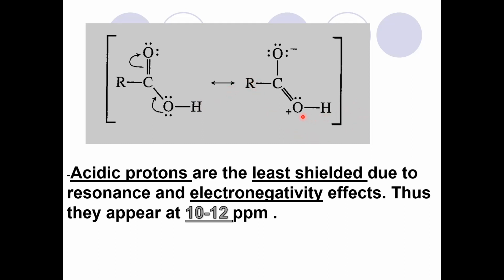In this case, we observe that oxygen has a positive charge, and it will allow this proton to be less stuck to this oxygen. Therefore, acidic protons are de-shielded due to electronegativity and resonance effects.